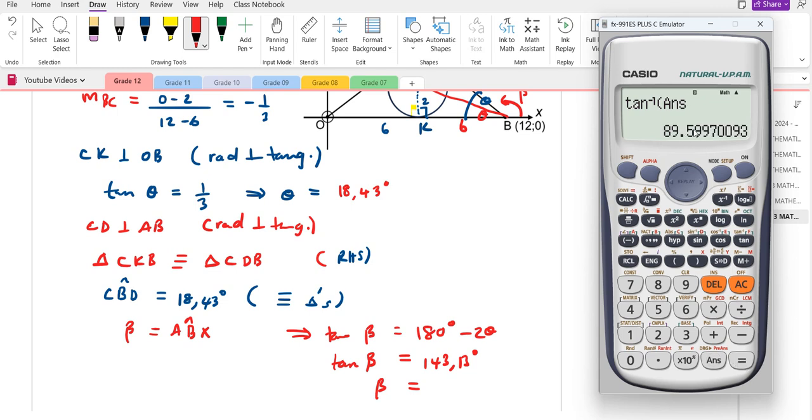89.59. Wait, something's wrong here. Shift tan 143.13. So I'm getting 89.59. Tan inverse 143.13. Why is it such a large answer?